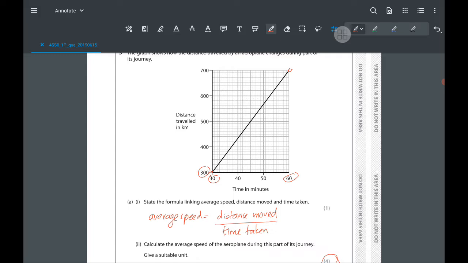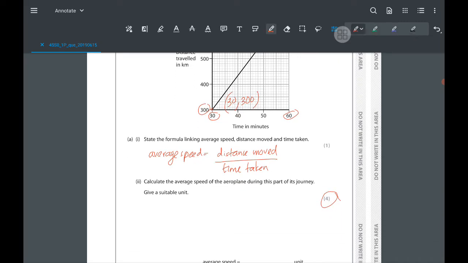If I mark the values, now I'm just explaining it in detail. For the second point, I can say the x value is 60, and it's given in minutes. So I will talk about that later. And it's in kilometers. Here it is 700. So if I write the point for the first one, it's going to be 30, 300. These are the points. So I will use the gradient equation and substitute now.